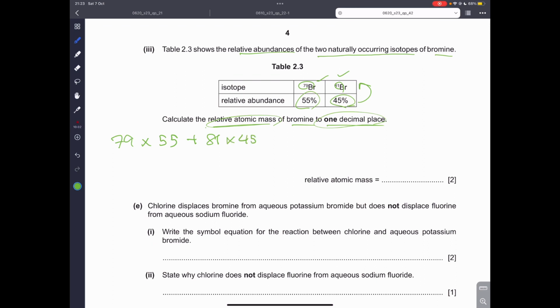This is going to give us an answer of 7990, and I'm just going to divide by 100. This gives us 79.9. So the relative atomic mass is 79.9 grams per mole. That's the unit of Ar, atomic mass. So we can multiply them like that and then divide the whole thing by 100. Now you're going to get this answer.